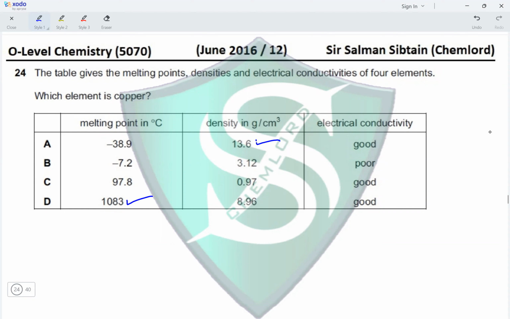High densities are there as 13.6 and 8.96, and electrical conductivity has to be good since it is a metal. So the only option with all three properties completely described is option D, making D the correct option for this question.